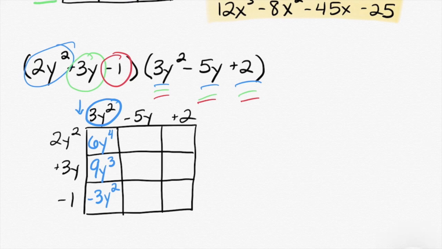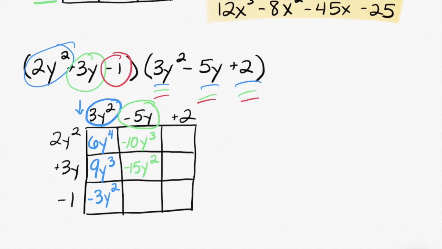Okay, now, next. Negative 5y times 2y would be negative 10y to the third power. Good. And then it would be negative 15y to the second power, y squared.